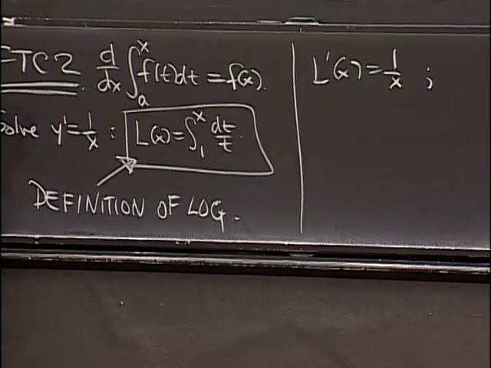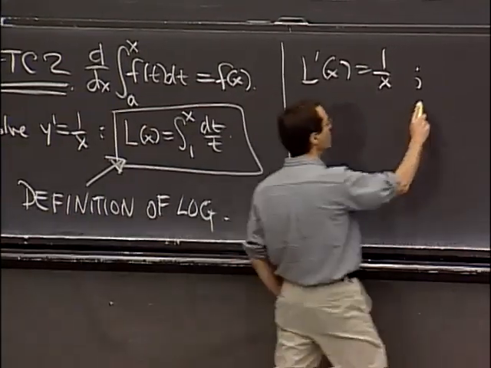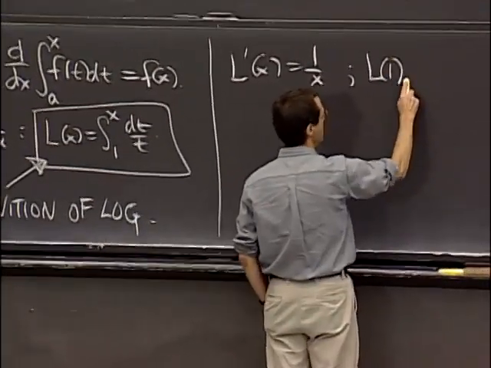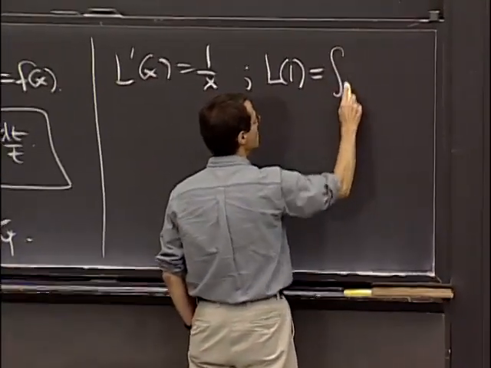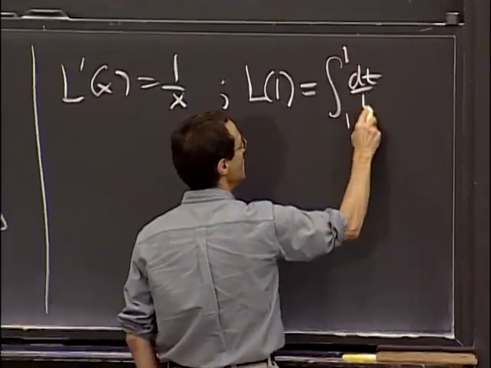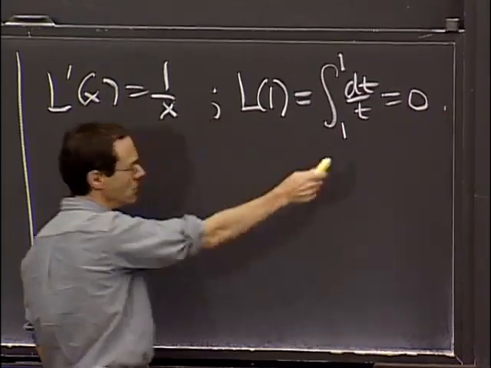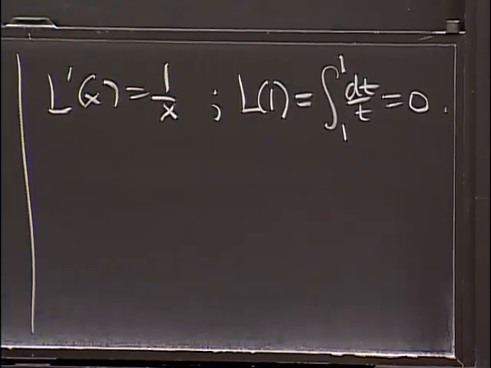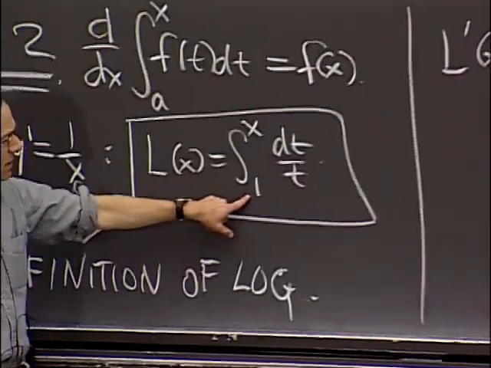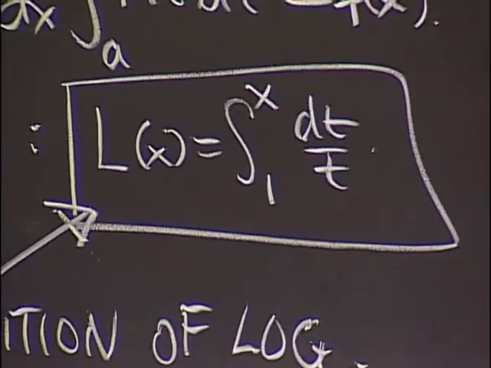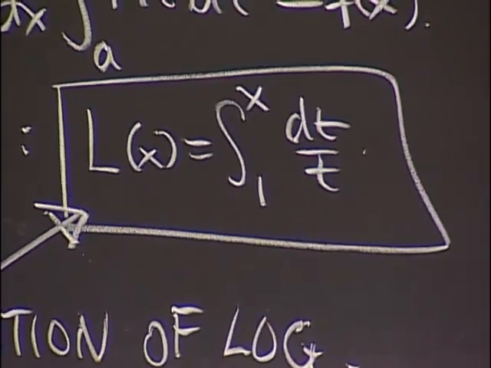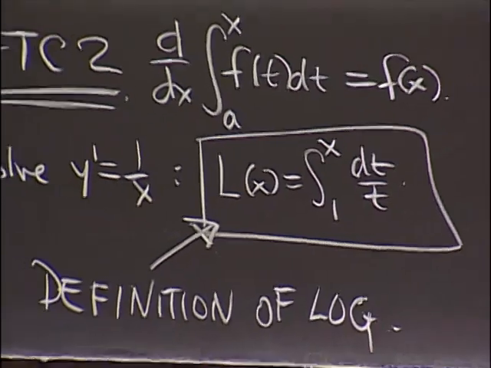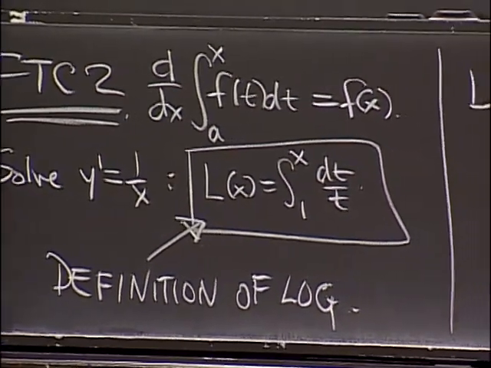But we nail down that constant when we evaluate it at this one place, L of 1. And there we're getting the integral from 1 to 1 of dt over t, which is 0. And that's the case with all of these definite integrals. If you evaluate them at their starting places, the value will be 0. And together, these two properties specify this function L of x uniquely.